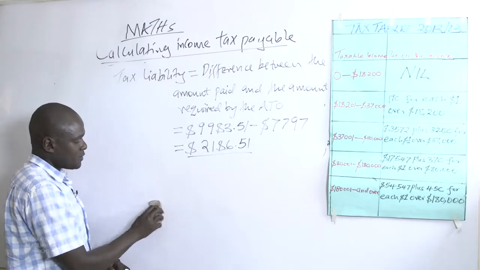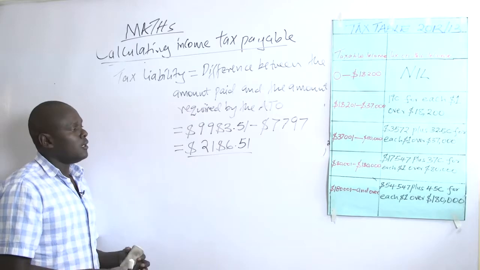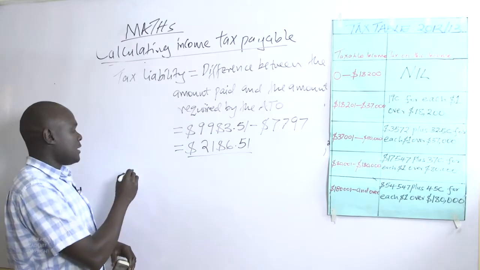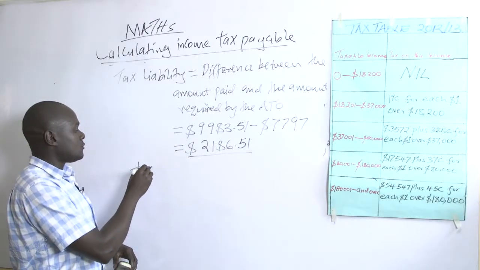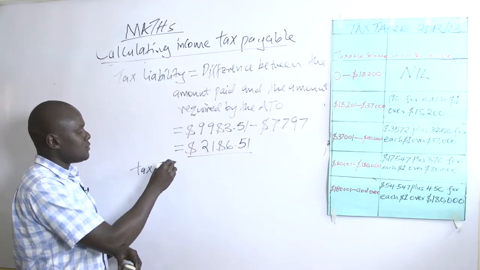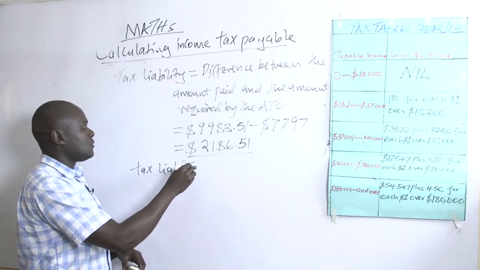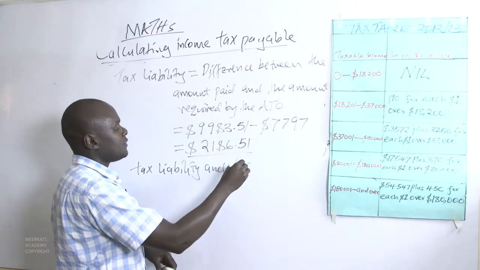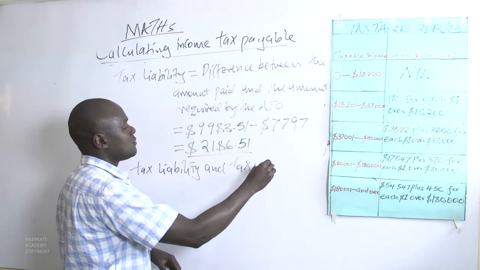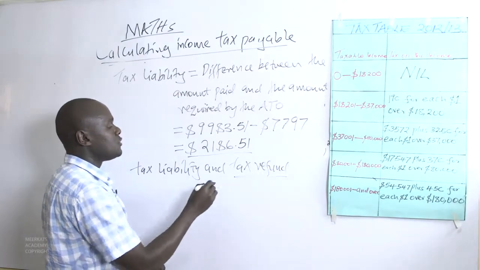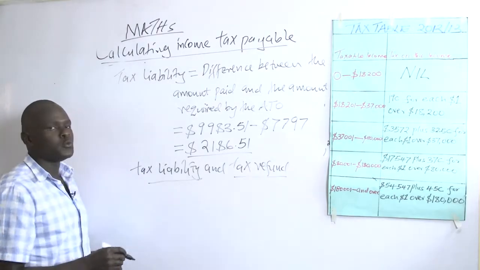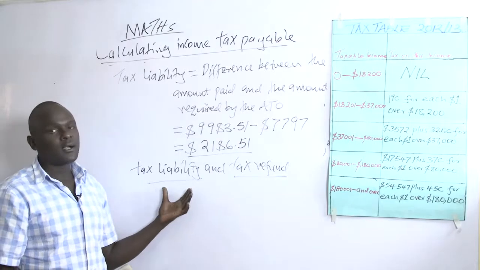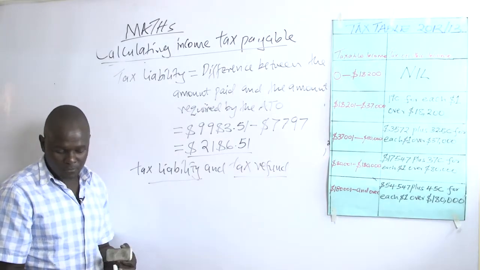And I hope this particular example will help us to understand the difference between tax liability and tax refund. When do we talk about the tax refund and when do we talk about the tax liability?